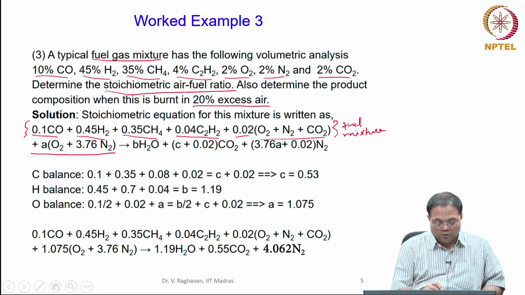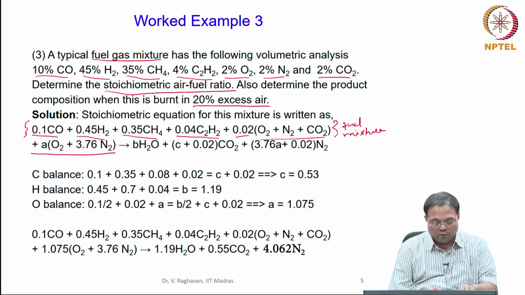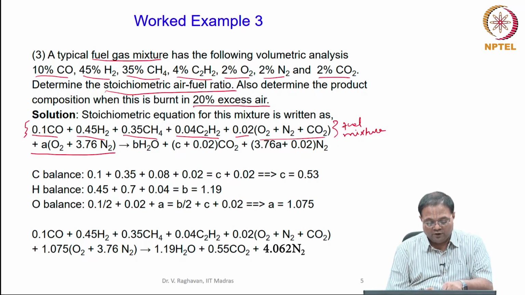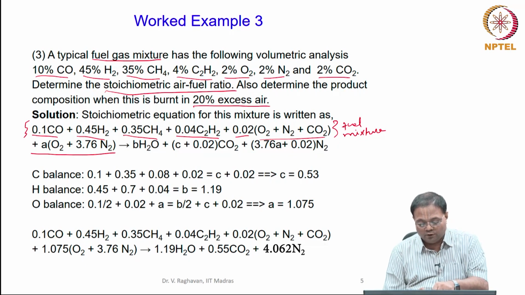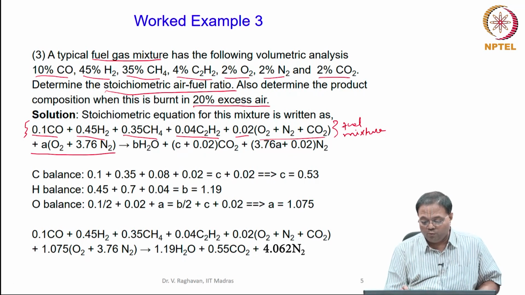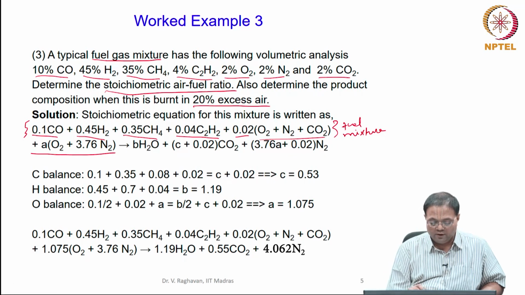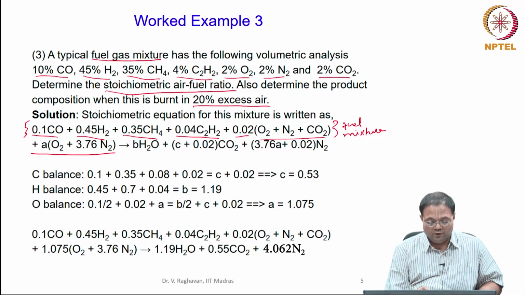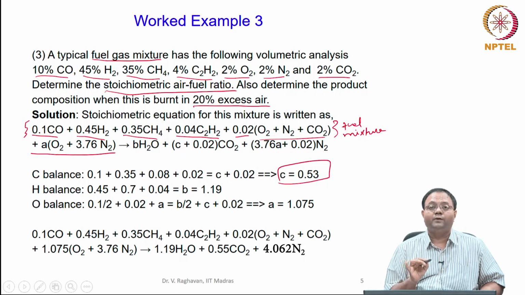Now do the C balance: 0.1 for CO, then 0.35, then 0.04 into 2, that is 0.08, on the left hand side, plus CO2 has 0.02. On the right hand side you have C plus 0.02. Solving this, you get C equal to 0.53.